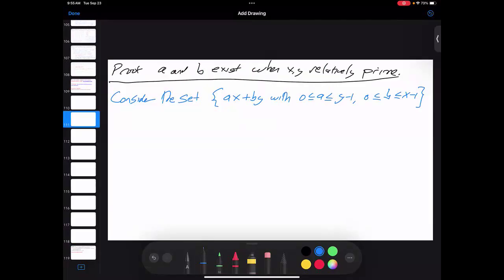Okay, I'm going to consider this set of objects. How many elements are in this set?